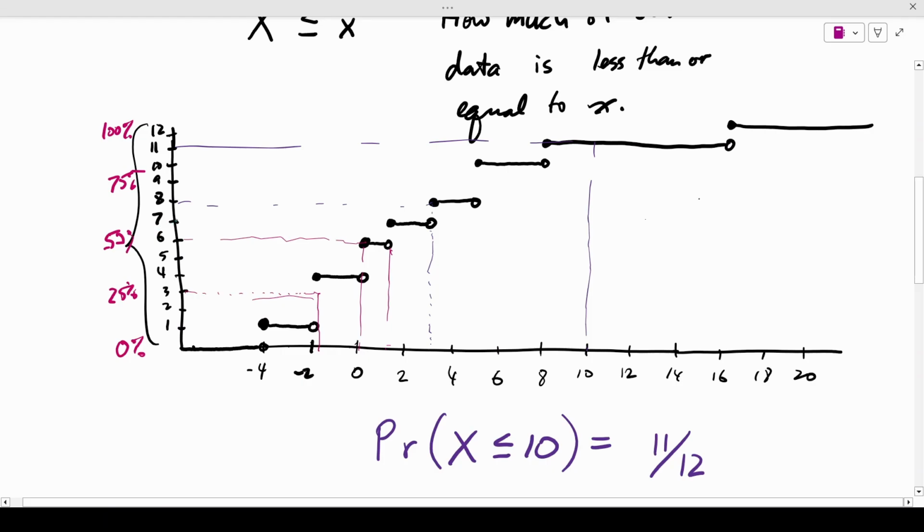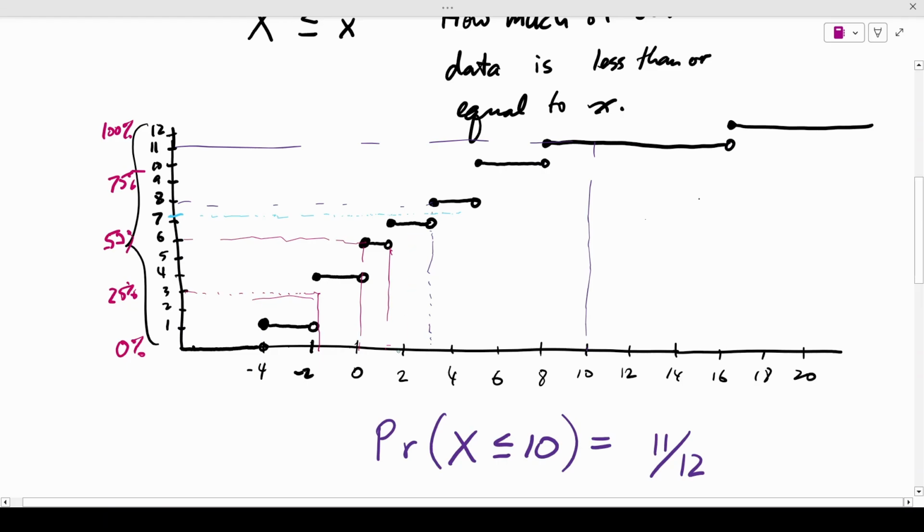So we come up and we just see, okay, where is 60% of our data below? On a calculator, 0.6 times 12, that's 7.2. So we would need 7 data points. So we come across, at what point do we have 7 data points less than or equal to a value?